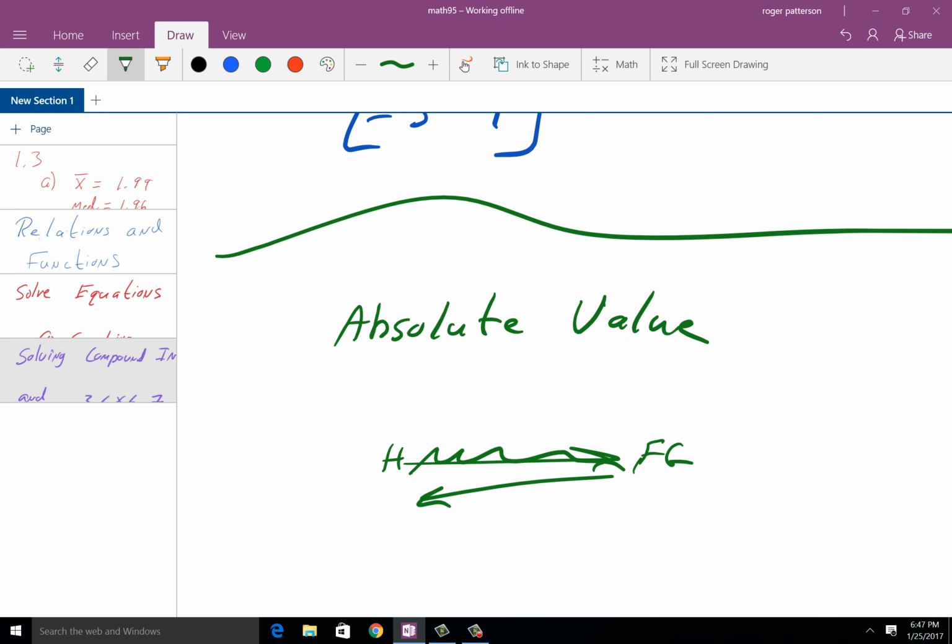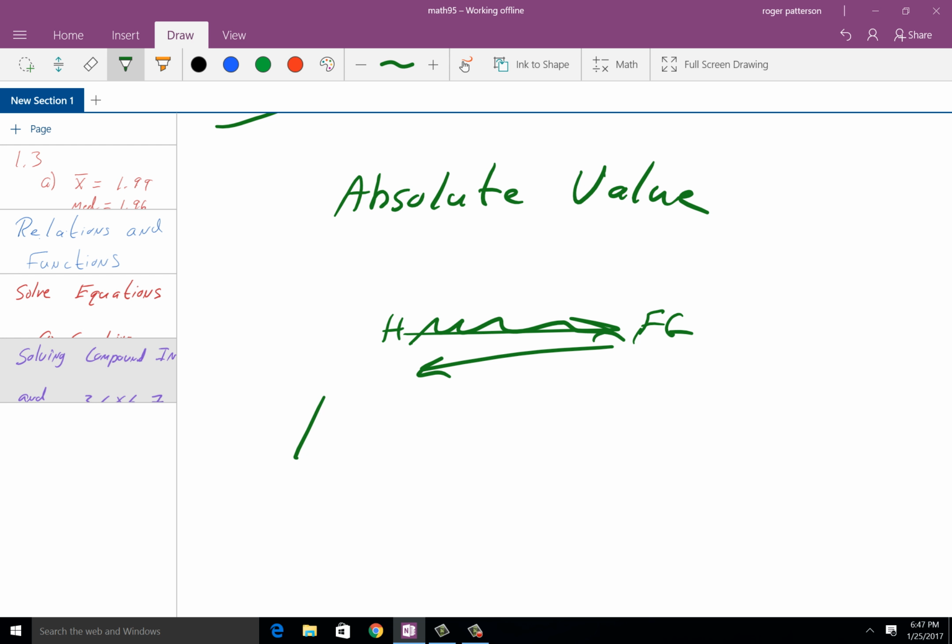But it's still however many handful of miles that it is. So you're right. Absolute value is distance. It's always positive. So the absolute value of a negative 10 is 10, and the absolute value of a positive 10 is 10. And that is why you get a V. Absolute value is associated with a positive value.